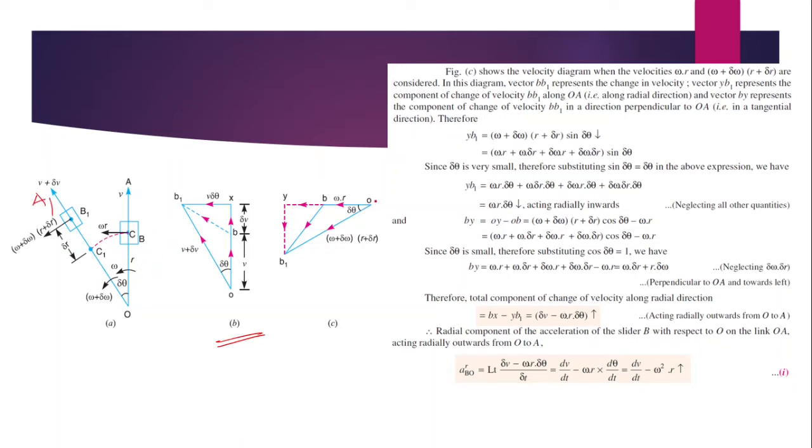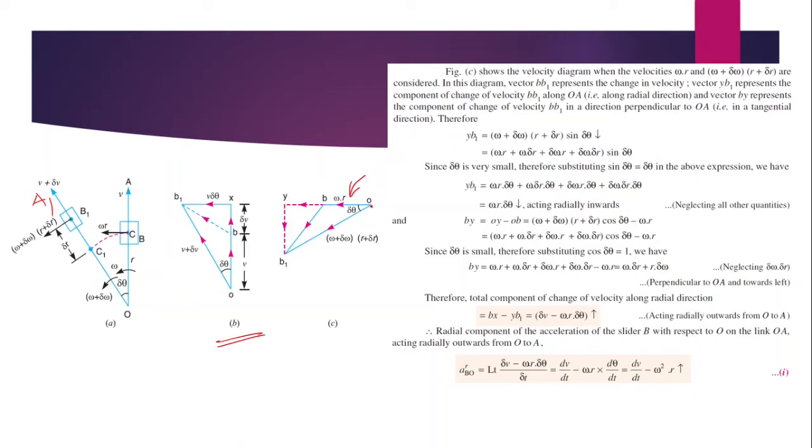Then we can represent that velocity here, that is perpendicular to this position, and this velocity of slider B with respect to O at the initial position must be perpendicular to OA. Then we can represent that velocity here. This point O is at rest.